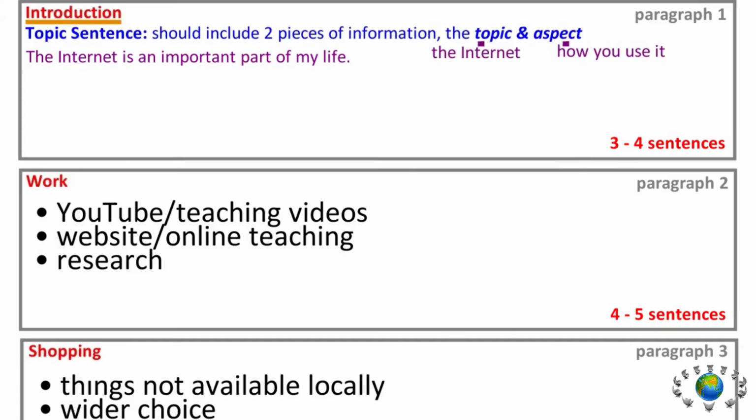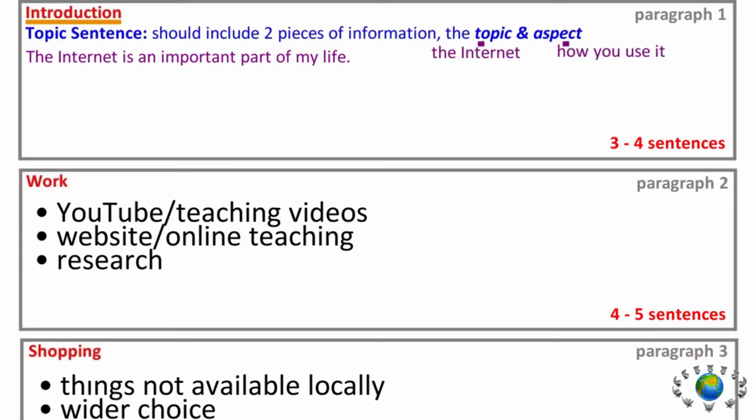All right. Now, we go back to our introduction. We have 1 sentence. We should have at least 3 or 4 sentences. So, what information do you put in your introduction? To add more information, it's a good idea to give some general information about why the topic is important.